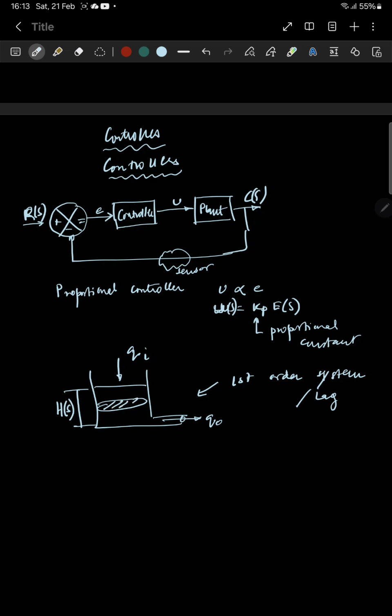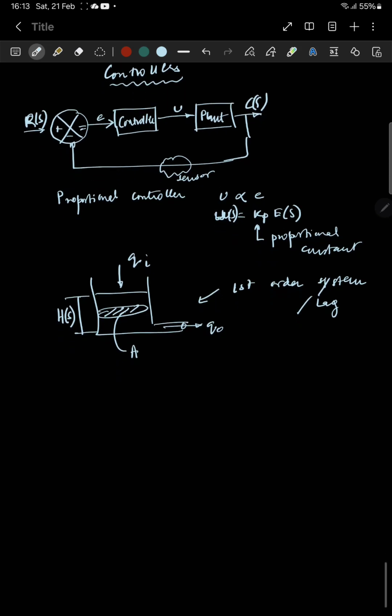The area is A. So we have seen that H of S by Q of S is equal to R H divided by A R S plus 1.